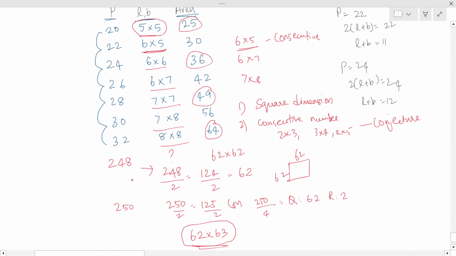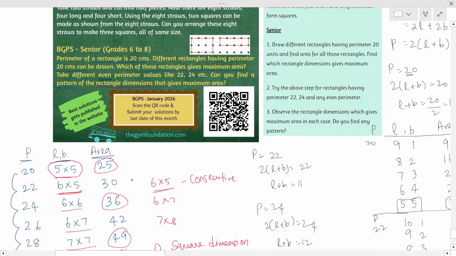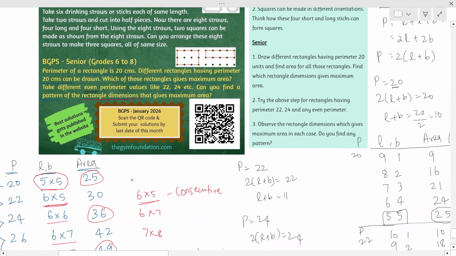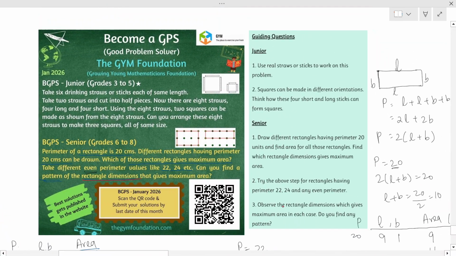I hope you enjoyed going through the solution, and I would encourage you to think about what would happen for an odd perimeter. This is the time for you to think, apply a similar systematic approach, and you will be amazed to see yourself equipped with very good different skills.